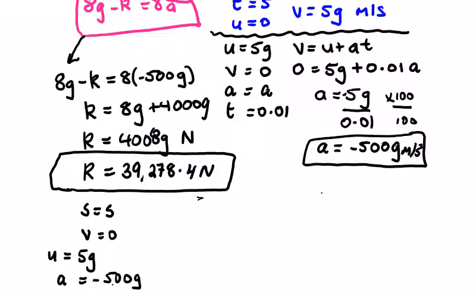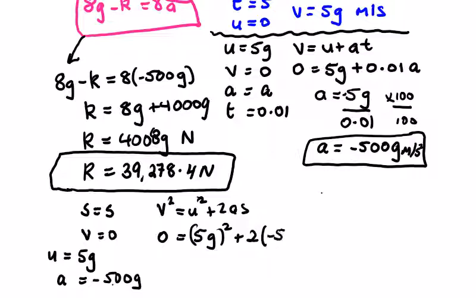So v squared is equal to u squared plus 2as will give it to us. So 0 is equal to 5g squared, the speed it hits the sand at, plus twice my acceleration of minus 500g times s. So bringing 1000g s to the left, it'll be positive, so we're going to have 25g squared equals 1000g times s.